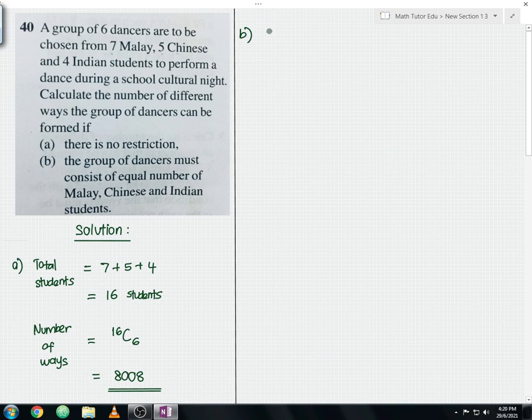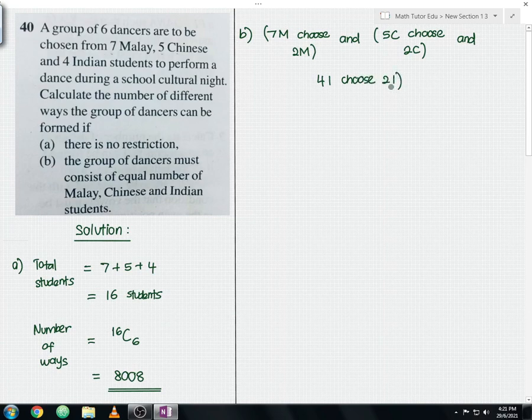Let M represent Malay: 7M, you choose 2M, and then 5C, where C represents Chinese, choose 2C, and then 4I, choose 2I. So this is the statement form, guys.